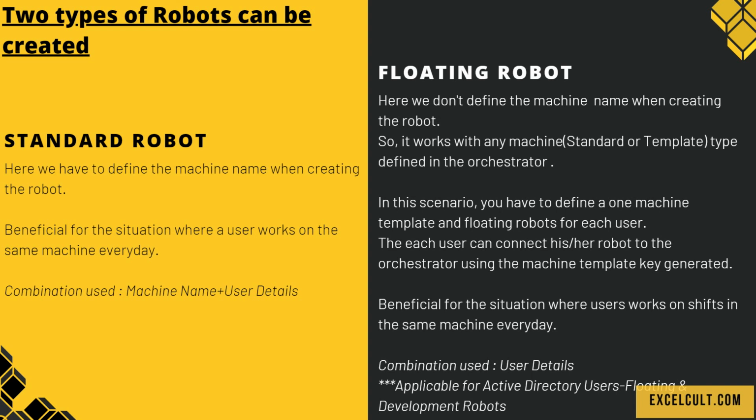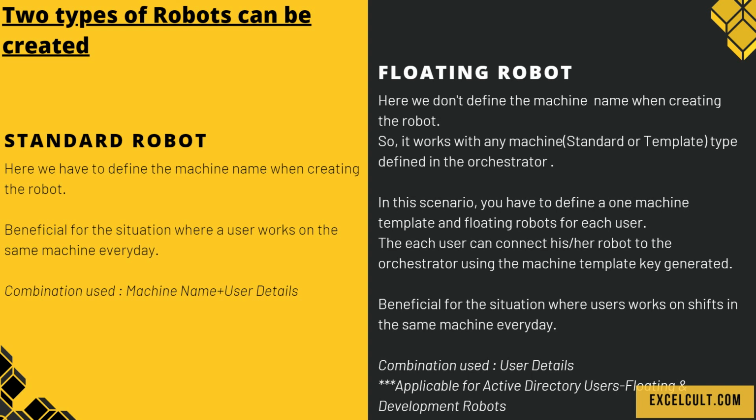Now, floating robot. Here we don't define the machine name when creating the robot, so it works with any machine type, either standard or template, defined in the orchestrator. In this scenario, you have to define one machine template and floating robots for each user. Each user can connect his or her robot to the orchestrator using the machine template key generated earlier.